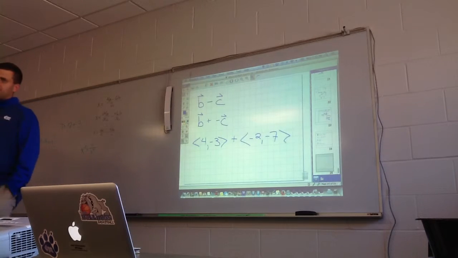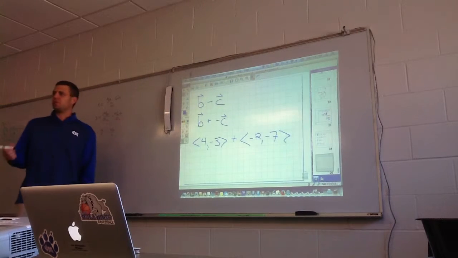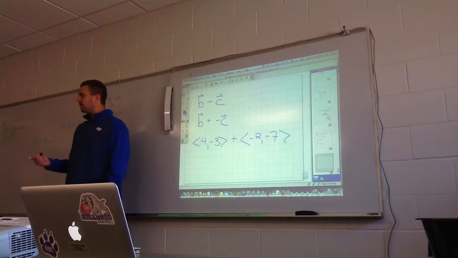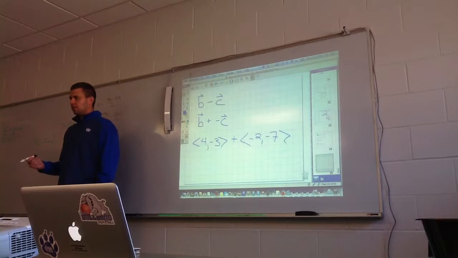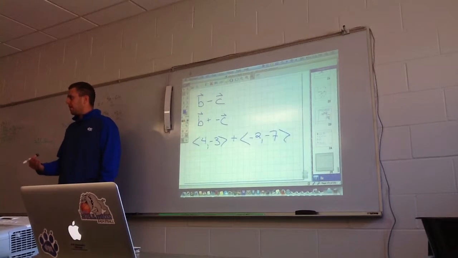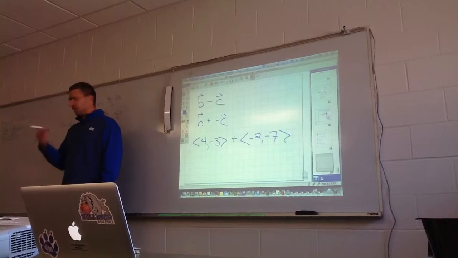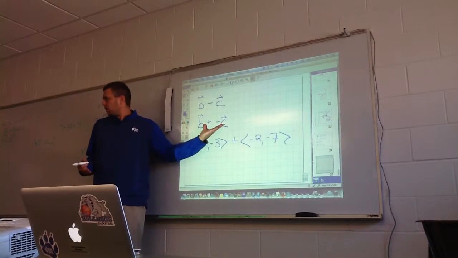In vectors, we don't really take away a force. If you think about it, you can't subtract a force. It's an opposite force, and that's why this is a little more correct.